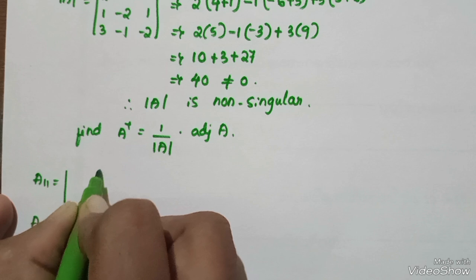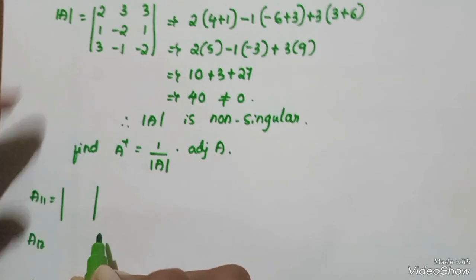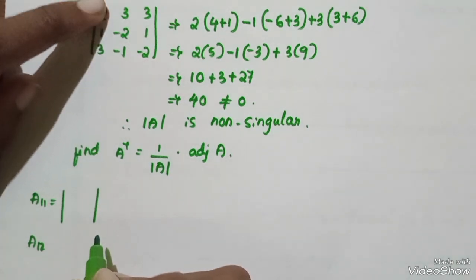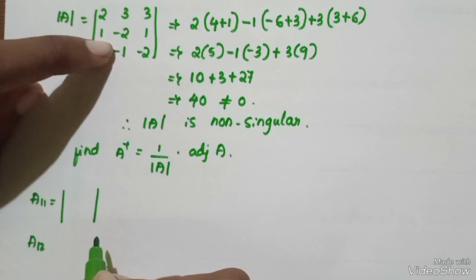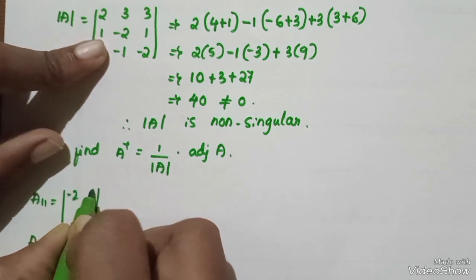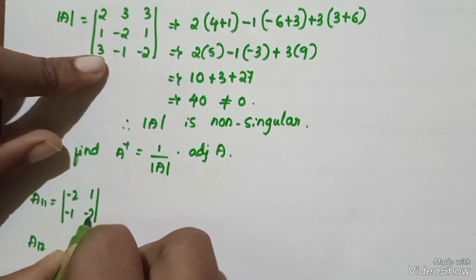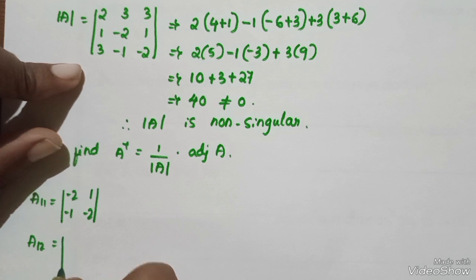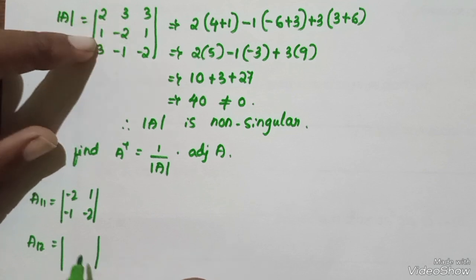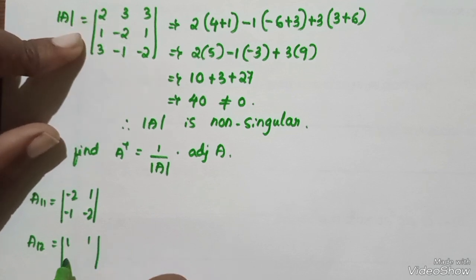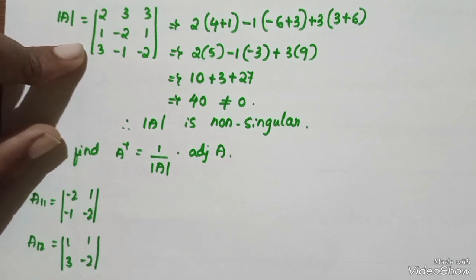Here for A11, the element 2, deleting the first row and column, we get minus 2, 1, minus 1, minus 2. Again for the second element, 1, 1, 3, minus 2. Next, 1, minus 2, 3, minus 1.